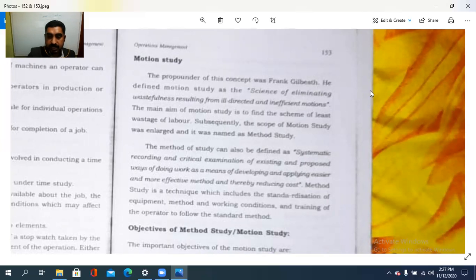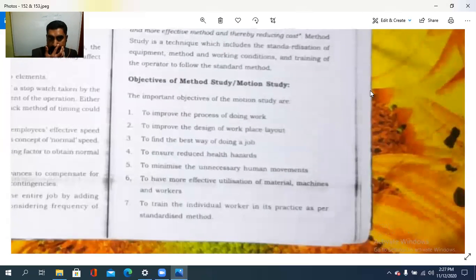Then, what are the objectives of such method study or motion study? Important objectives of the method study or motion study are to improve the process of doing the work. പല പ്രോസസ്സിൽ കൂടെയാണല്ലോ, അതായത് ഇംപ്രൂവ്മെന്റ് കിട്ടുന്നു. പല മെത്തേഡ്സ് അഡോപ്റ്റ് ചെയ്യുന്നു, so that the study is getting improved. That is the first thing.